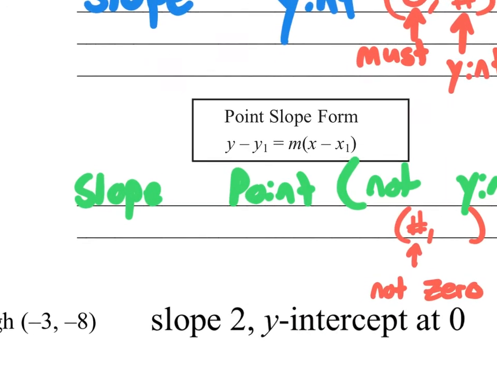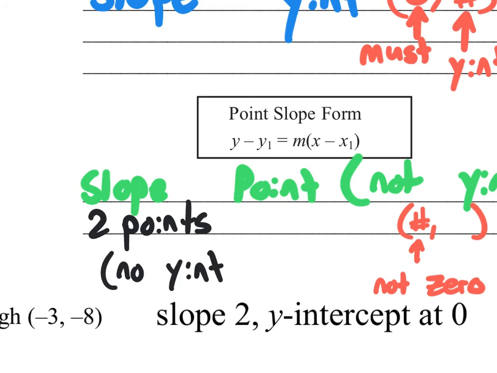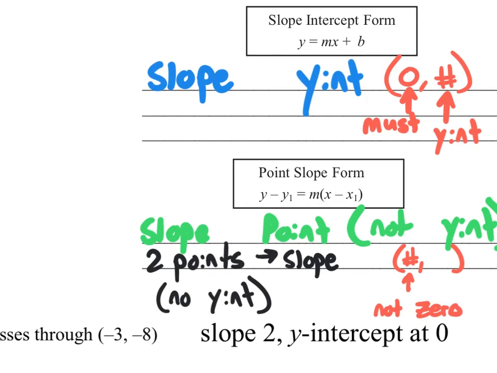Another example of where we'll want to use point slope is if we are given 2 points, but no y-intercept. Because 2 points can tell us the slope. If we're given 2 points, we can find the slope.